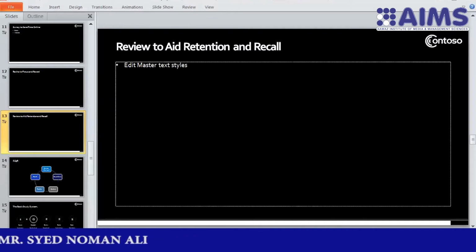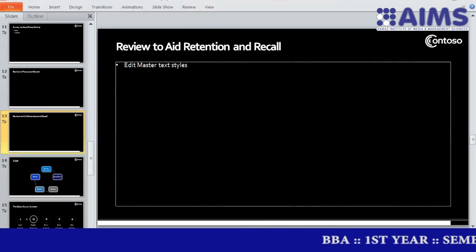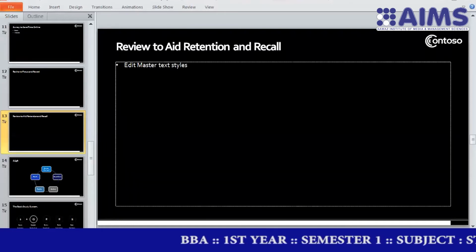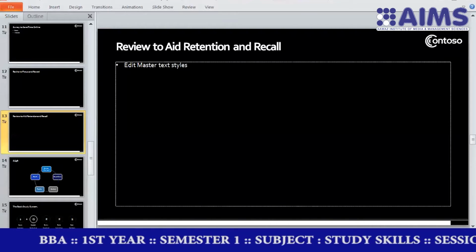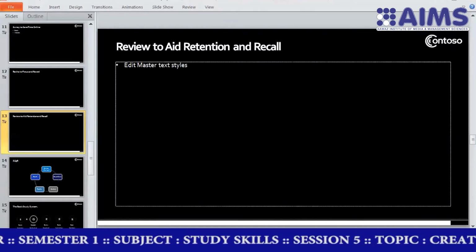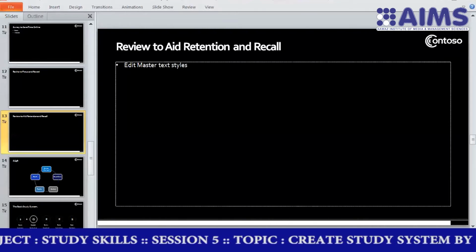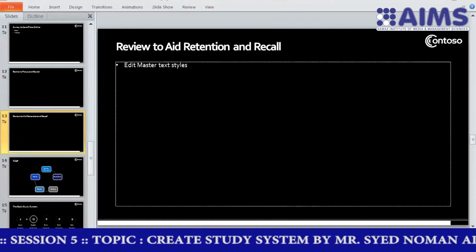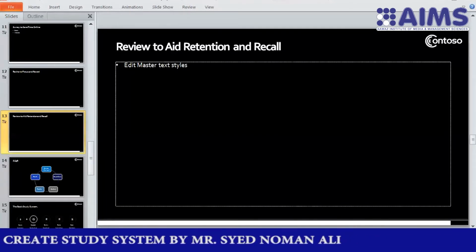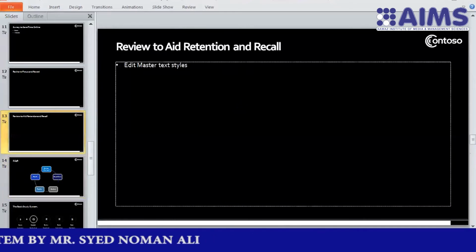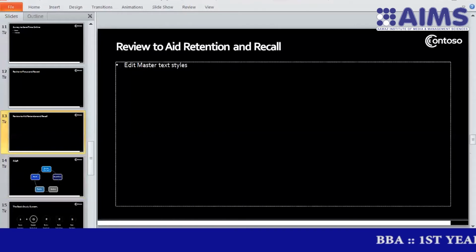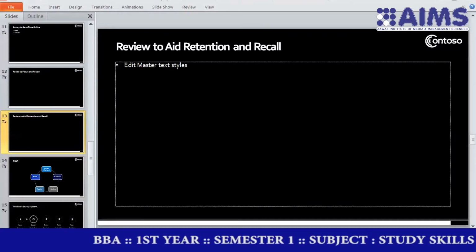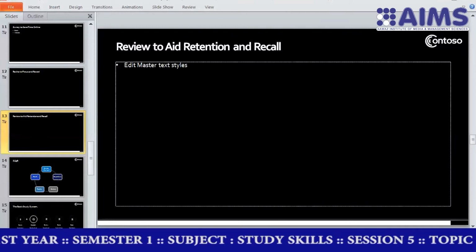You take one blank page and put down in your own words what you grasped, what related, what helped you, how much you have understood. So this is a very good aid to review and retain all the material, and a very good habit for recalling. Whenever you study a book, at the end take a note and draw out all your understanding of what you understood from the chapters.